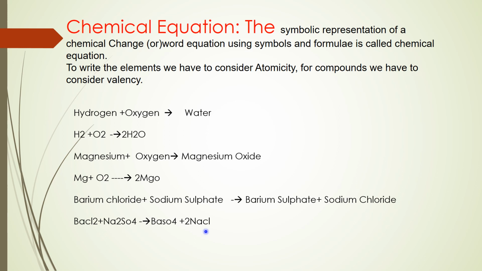So I have written these compounds using their formulas. So this reaction is known as a chemical equation. When you express a word equation using the symbols and formulae, it's called a chemical equation. We have to remember one thing: while writing the elements we have to consider the atomicity, and while writing the compounds we have to consider the valency.